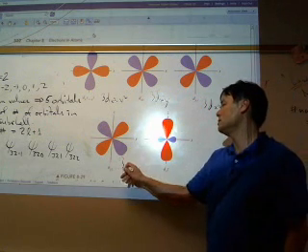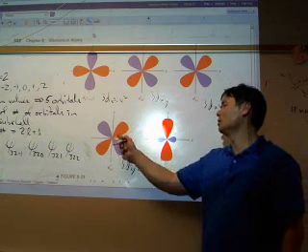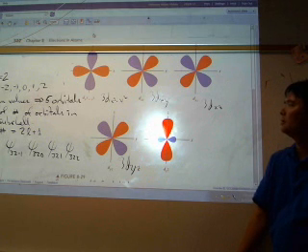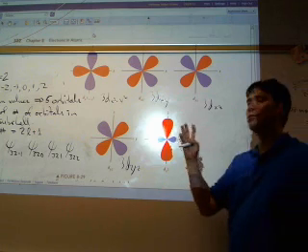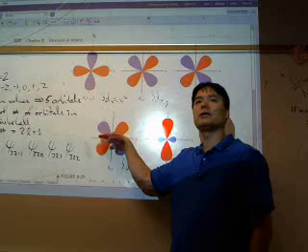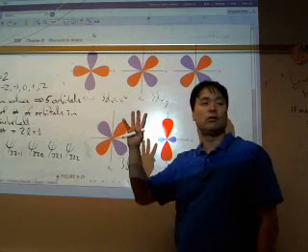The 3dyz is the yz plane with the lobes between. All these have how many nodes? 4 lobes, but how many nodes? 2 nodes, 2 planar nodes, here and here, right? Splits it into 4 lobes.